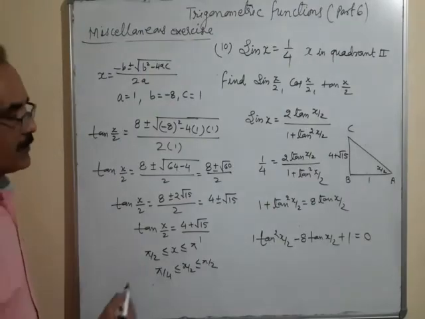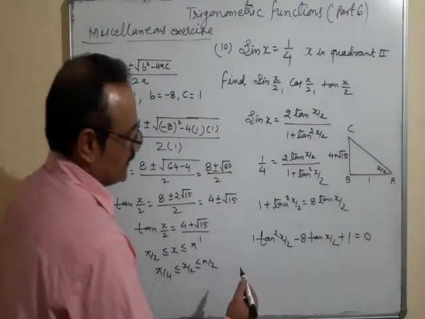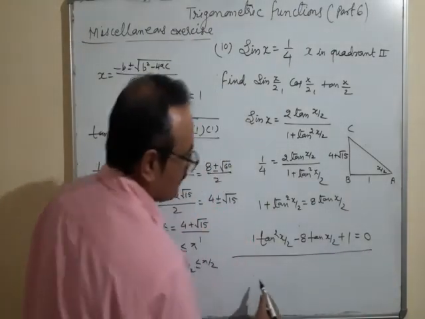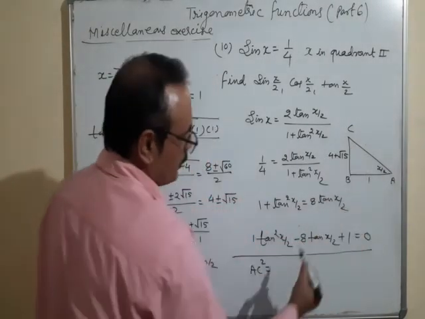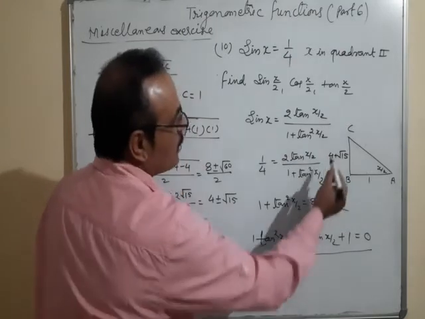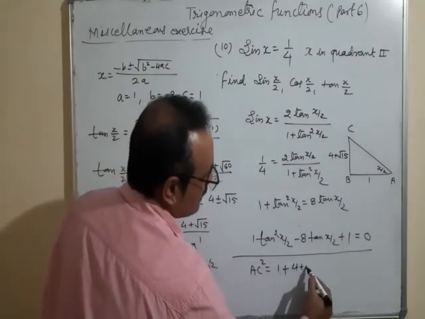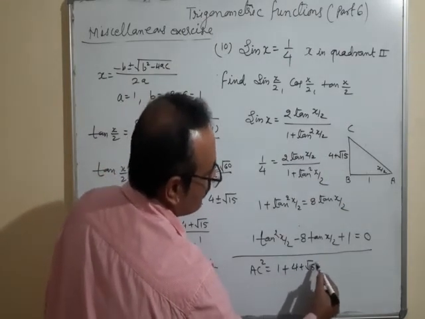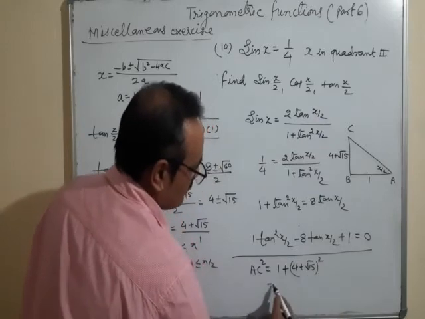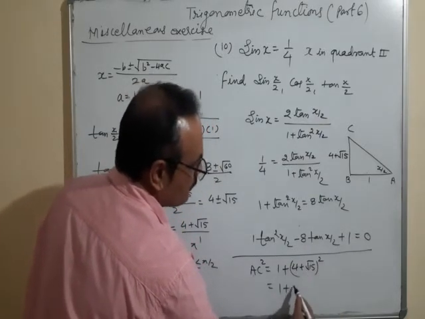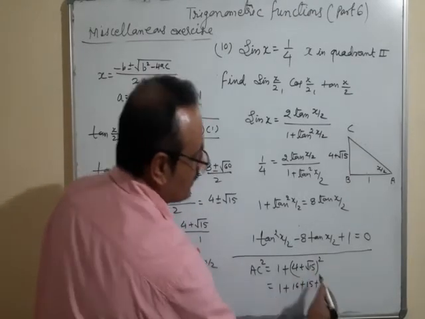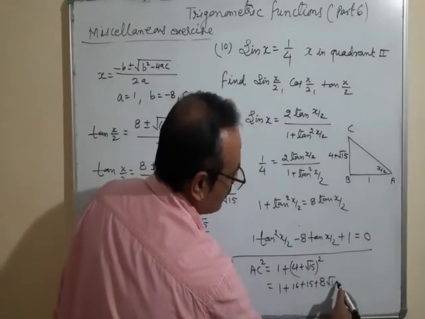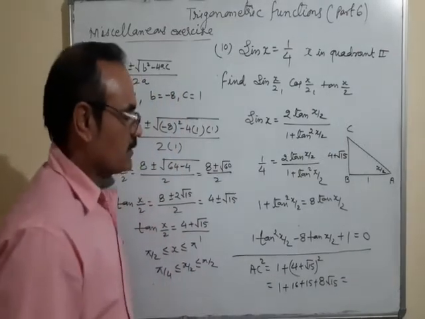For finding the hypotenuse, AC square is equal to AB square 1 plus BC square, 4 plus under root 15 whole square. Using the result a plus b whole square, 4 fours are 16 plus 15 plus 2ab, 8 under root 15.